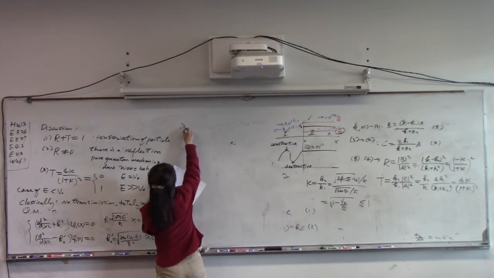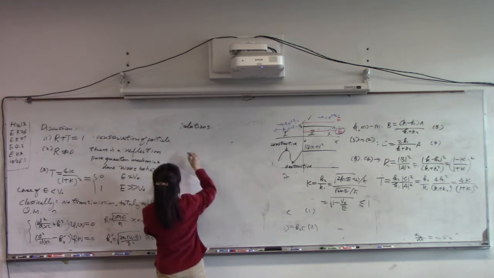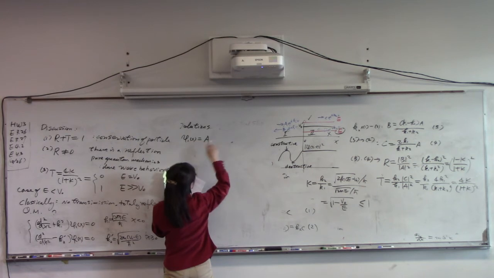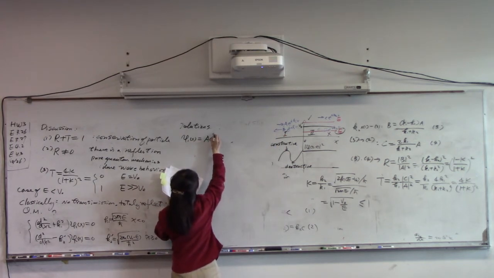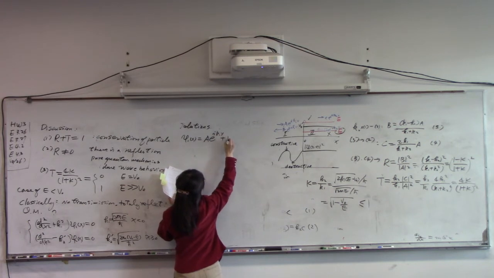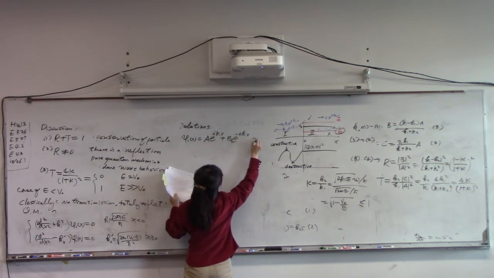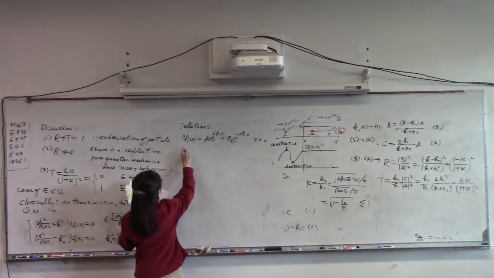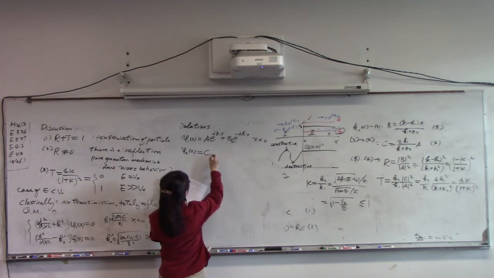The general solution in region 1 is still the combination of the incident wave, the same thing as here: a exponential i k1 x plus b exponential minus i k1 x. But region 2 is exponential.